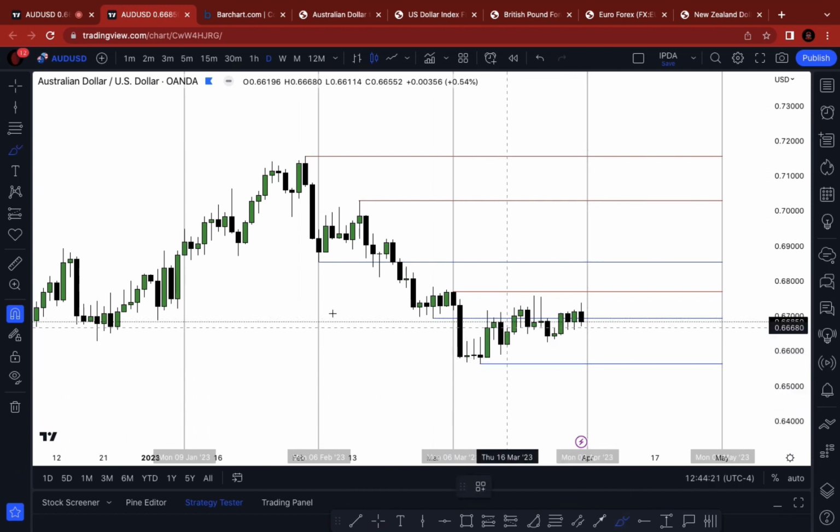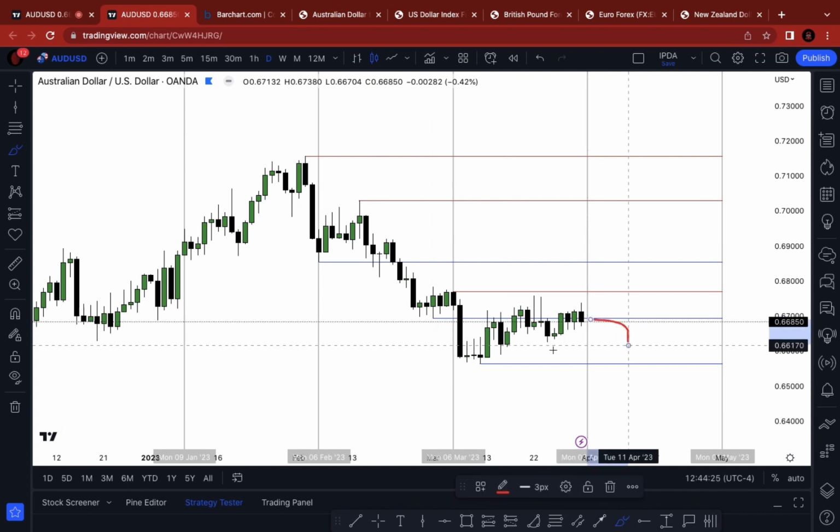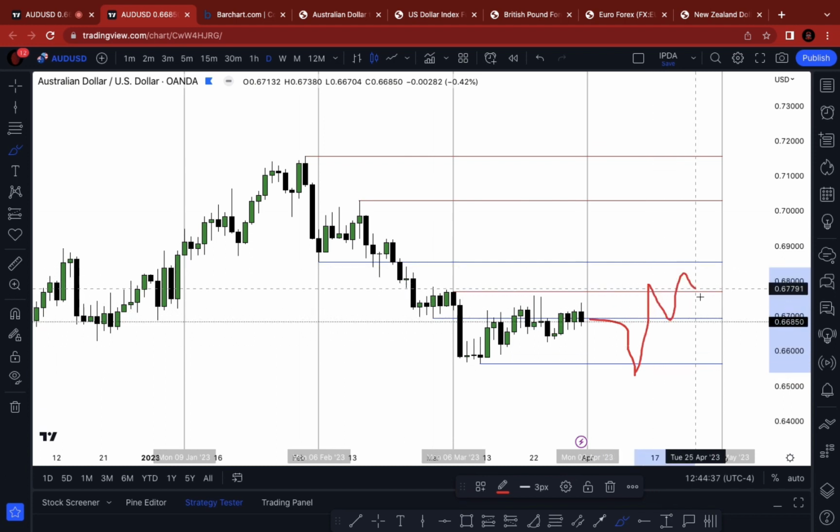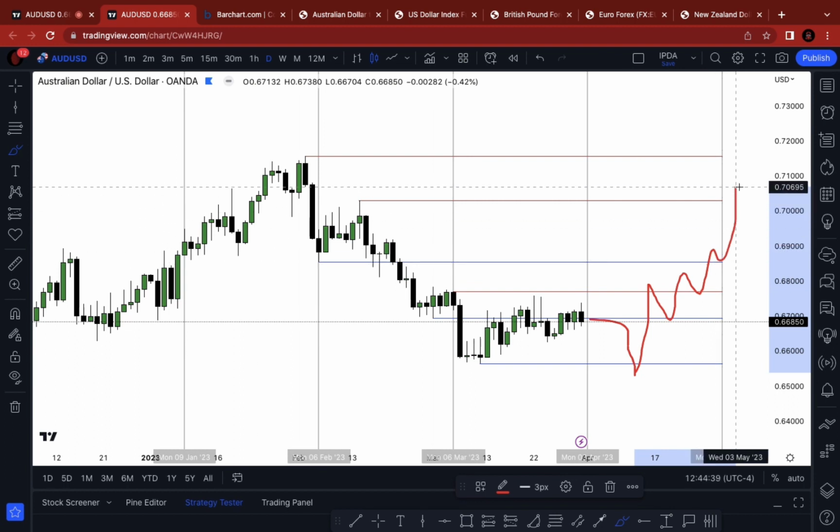So price can open, fake everyone out, go short, take out these equal relative lows here, even possibly run out the 20-day low, which is most likely preferred, create a swing low formation here, then run higher, then create a higher swing low, higher swing low, higher swing low, aiming for buy side liquidity above the swing high. So that's a general rule of thumb that I'm using going in to the new month.